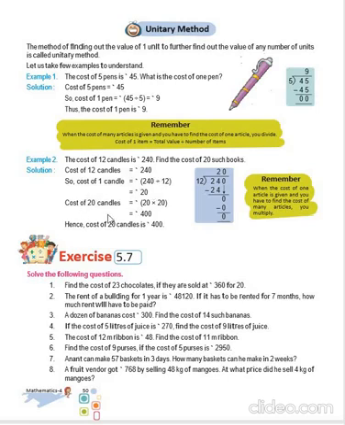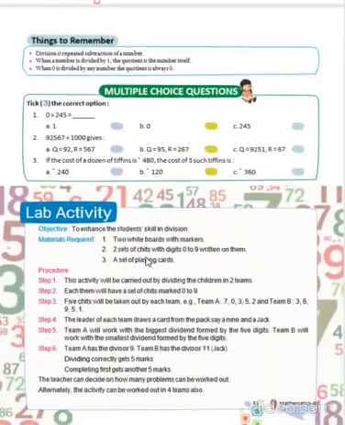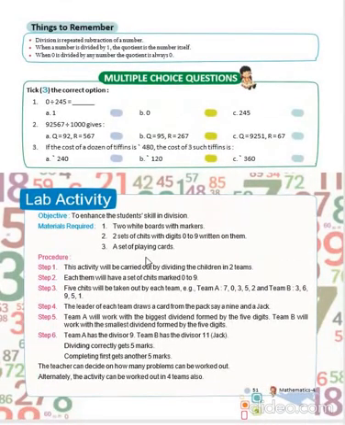So the cost of 20 candles will be 20 into 20, which is 400 rupees. So the cost of 20 candles will be 400 rupees. Now come to exercise 5.7. This one you have to do as explained in above example. This one you have to do yourself.